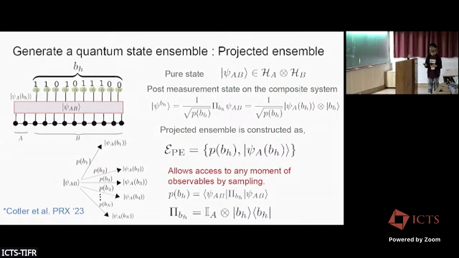This is a pure state in A, conditional on the bit string that you get in B. You can collect all these states and also keep the label, that all these pure states are labeled by the measurement outcome in B.